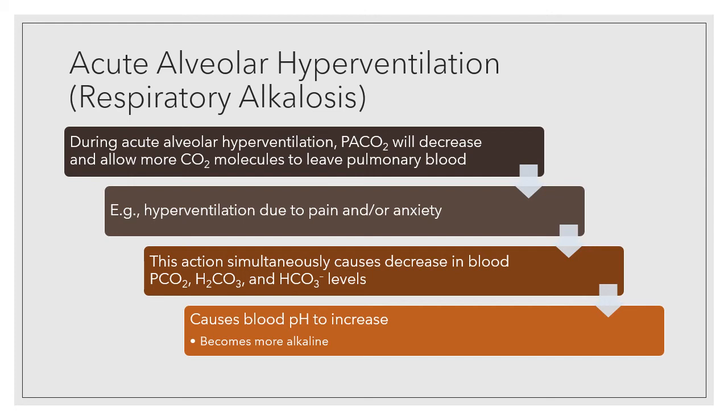Hyperventilation can be due to pain or anxiety. The action of CO2 molecules leaving pulmonary blood causes a decrease in blood PaCO2, carbonic acid, and bicarb levels. This causes the blood pH to increase or become more alkaline.